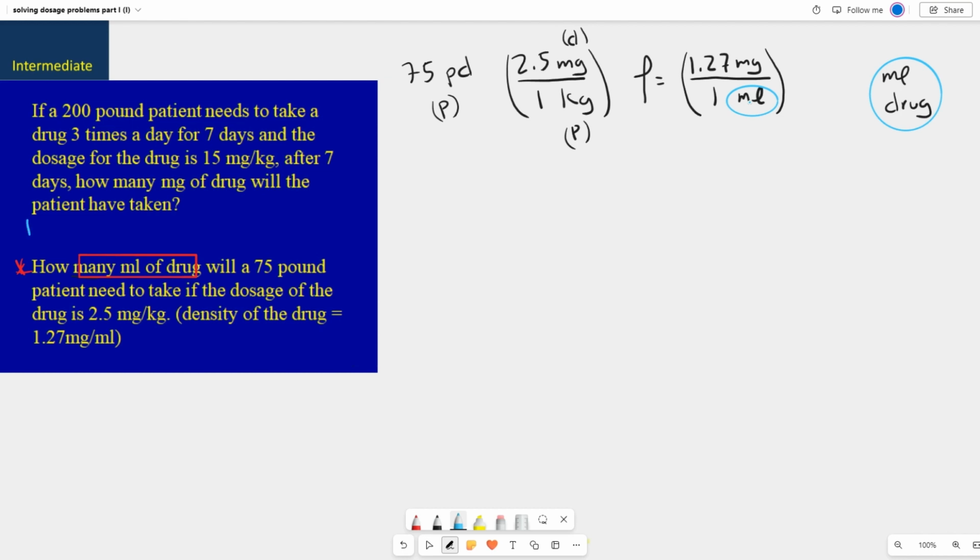We're going to start with the person's weight in pounds, and that's a person's weight, not a drug weight. And we're going to convert that into kilograms. That's still going to be the person's weight, but it's going to be in kilograms now. And then we'll use the dosage to get to milligrams of drug. That'll be the dosage step.